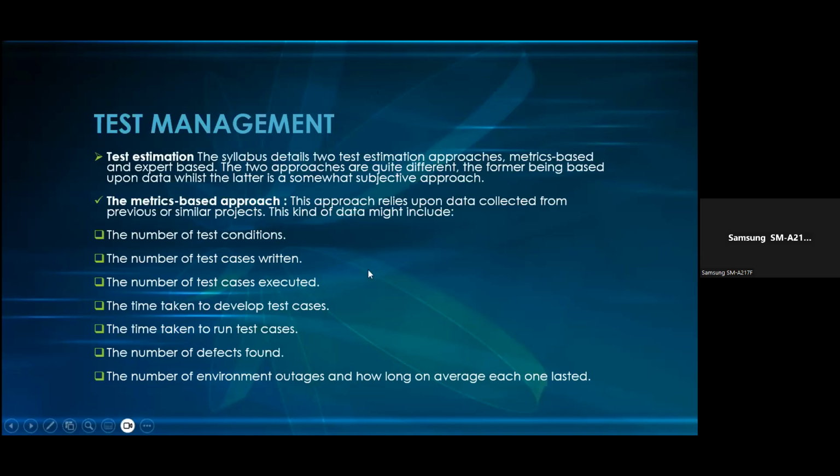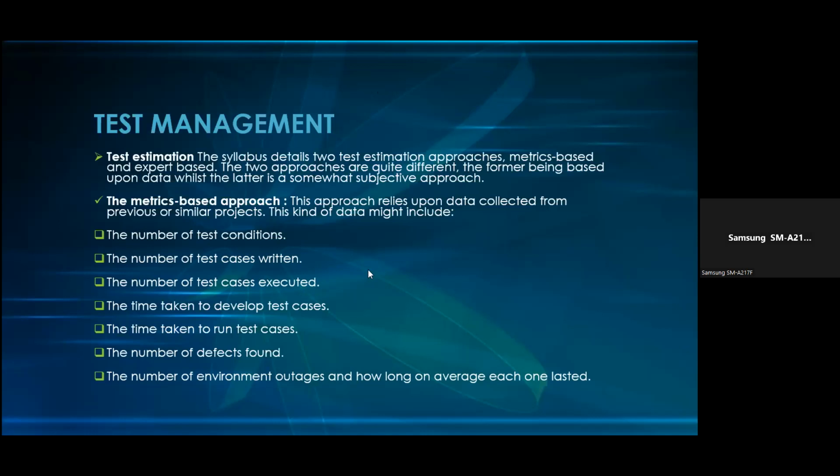So you are already doing your estimation, you are evaluating. What are the test conditions? We've mapped them. We know the test cases we've written, how many we've executed. We need to know what the report is like, the time it took us. We know the number of test cases we ran and the defects found.